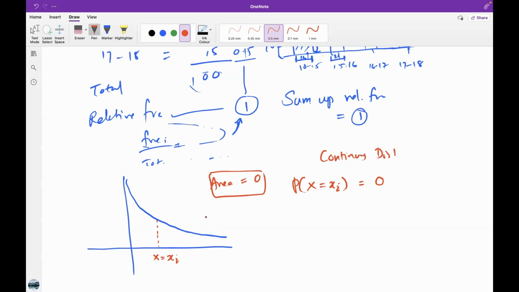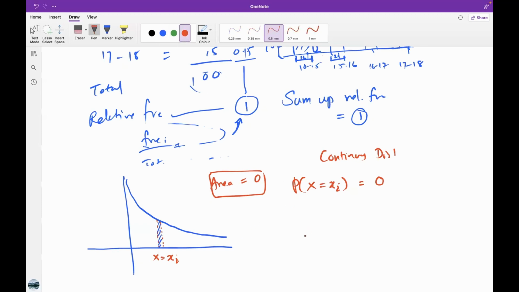There are some high-level discussions about why this is 0, but it's not our objective here to discuss all these matters at this instance. But what you can remember is that when you have a single value in a continuous distribution, the probability of that occurrence is 0. But immediately when you have a delta, a small variation from this point, a range, then you have a probability.